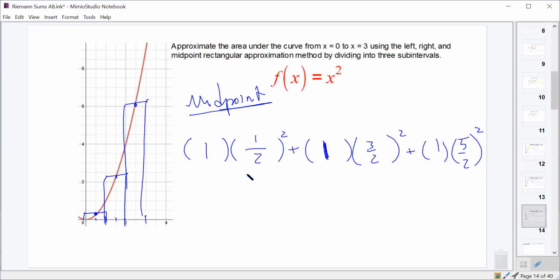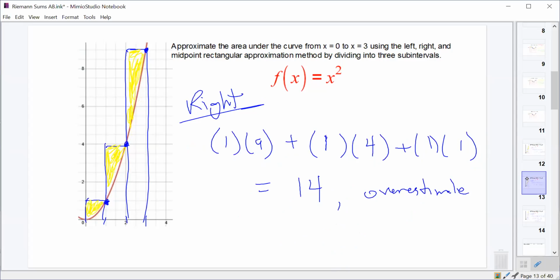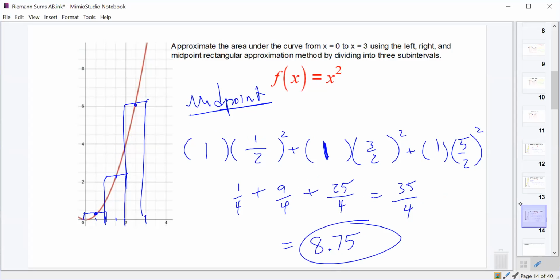And so when I add those all together, this is 1/4 plus 9/4 plus 25/4, which is 35/4, or 8 3/4, 8.75, which was definitely between 5 and 14, right?